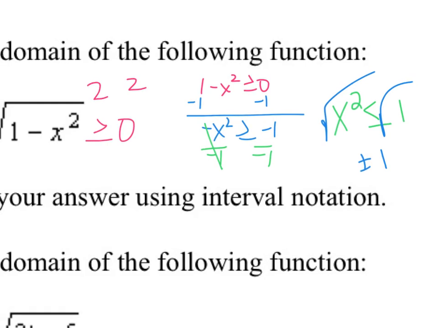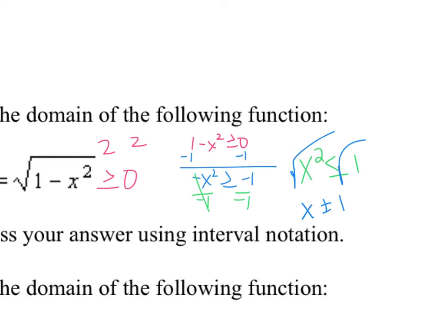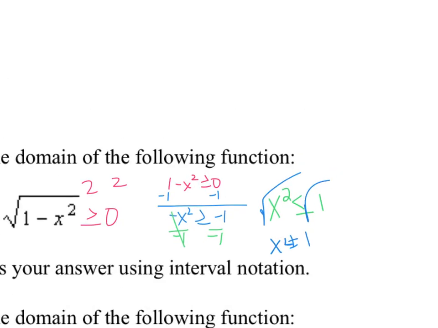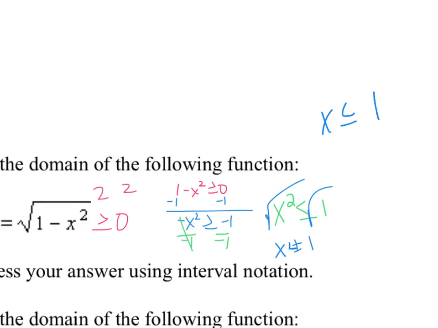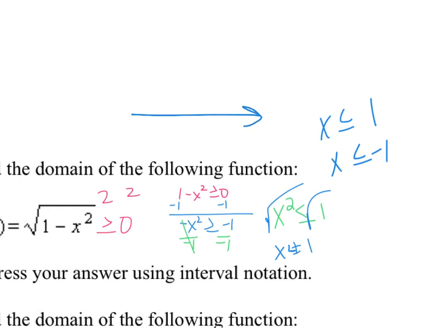If you're going to write that in interval notation, all right, let's think about this. They're telling you that x is less than or equal to positive 1, right? And x is less than or equal to negative 1, right? What kind of dots do I have at either place? Close, both.